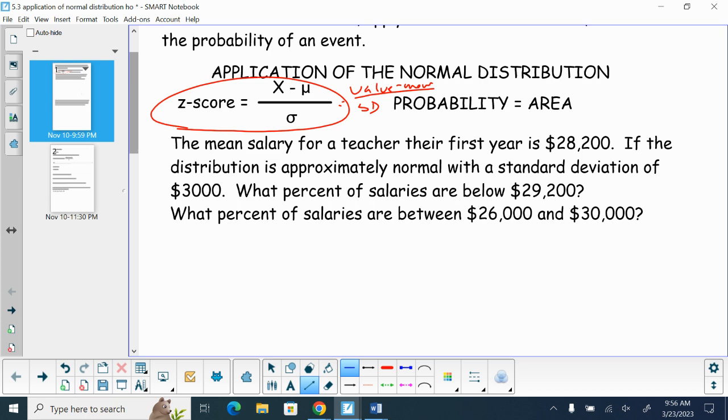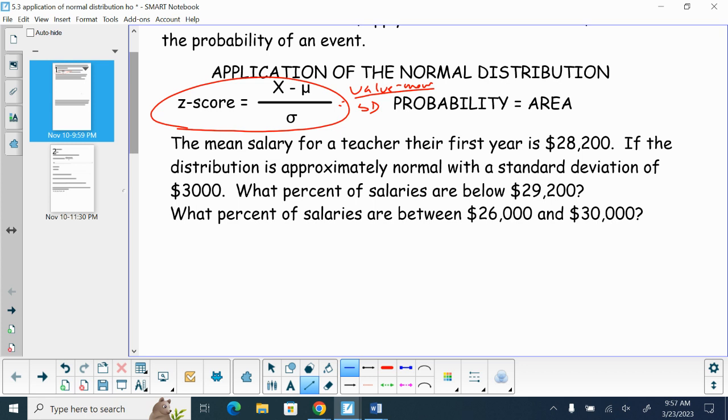The mean salary for teachers in their first year is $28,200. If the distribution is normally distributed, with a standard deviation of $3,000, what percent of salaries are going to be below $29,200?